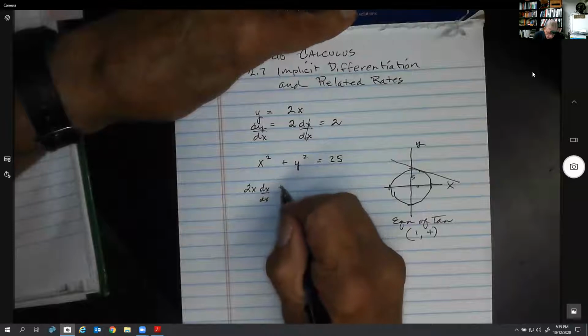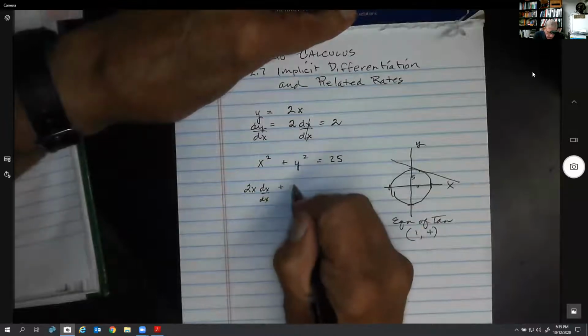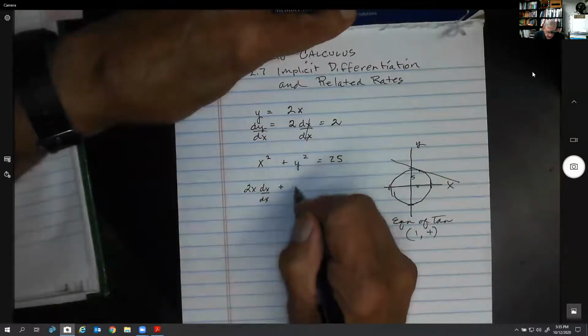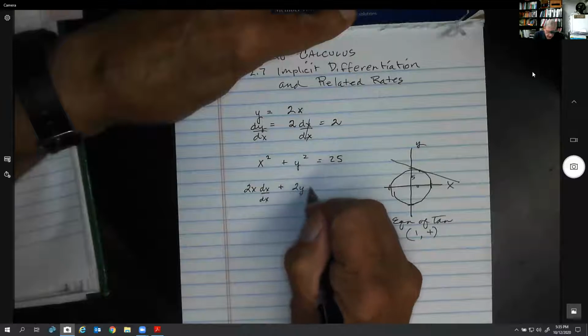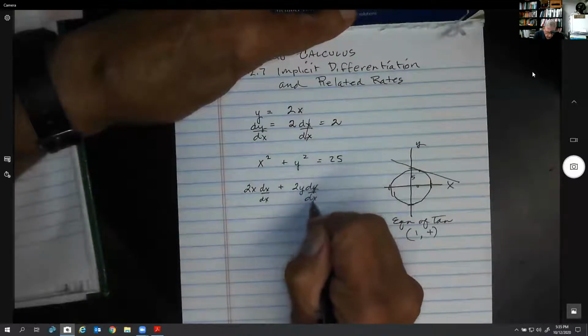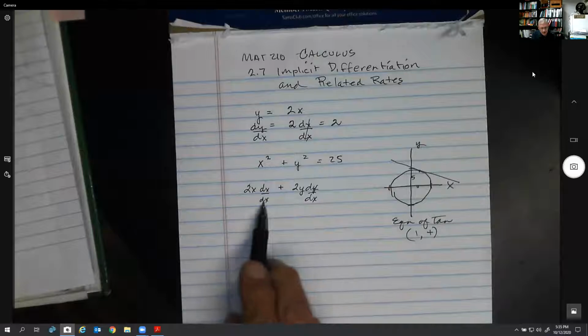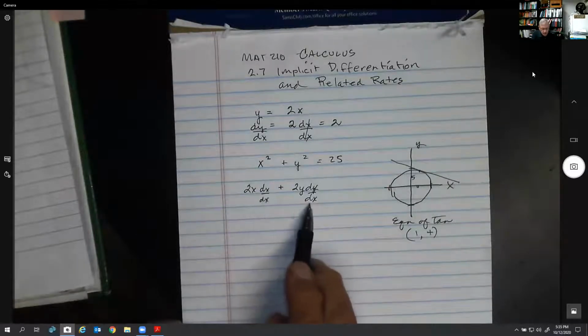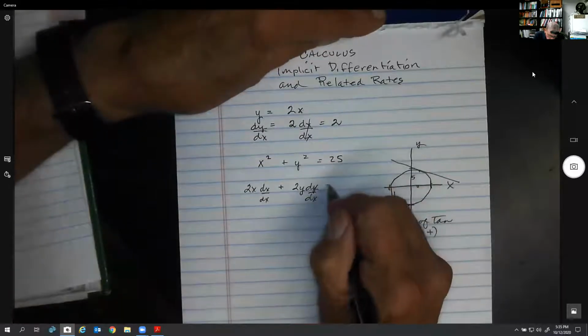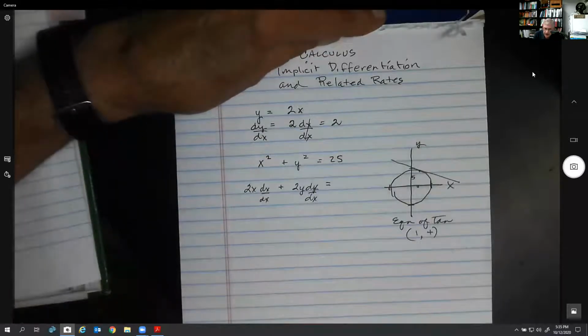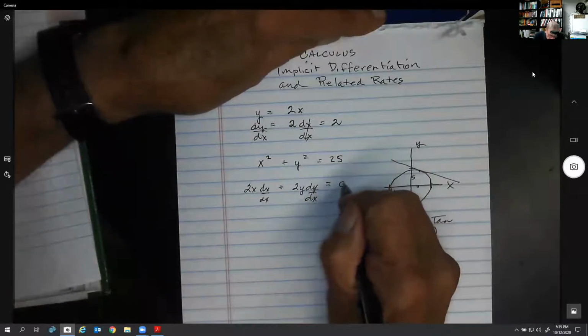Plus we're going to take the derivative of y squared, which is 2y, derivative of y with derivative of x. So we're taking it with respect to x, the derivative of x with respect to x. And of course, what's the derivative of 25? This would be just 0.